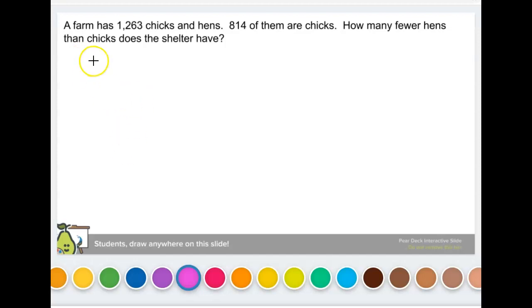So I need a bar model. I'm going to put a C here. We're going to draw some chicks. Let me just move that down a little bit.